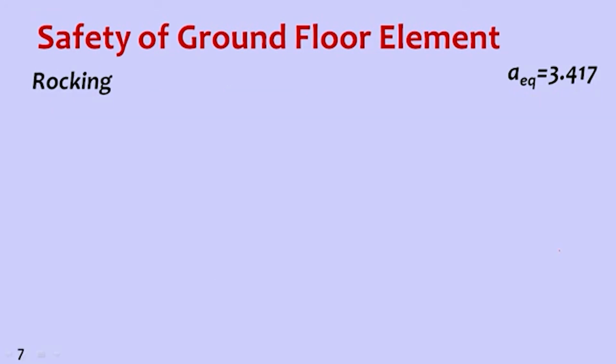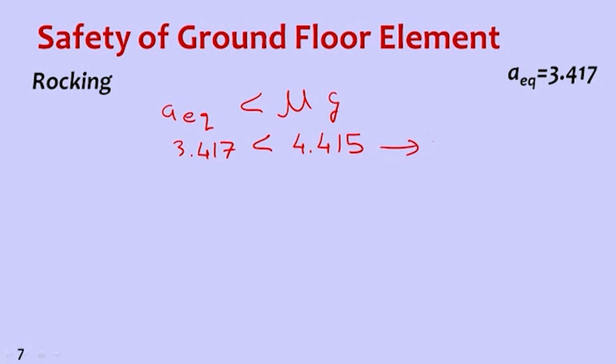Now similarly, we will assess the safety for rocking. We already have the values. AEQ should be less than mu g. Earlier it was 3.417, the floor acceleration will be constant, and we have the value 4.415, already calculated for the sliding condition. So now this condition is met, hence we write yes. One can directly say that if one of the conditions is satisfied, it is unsafe.